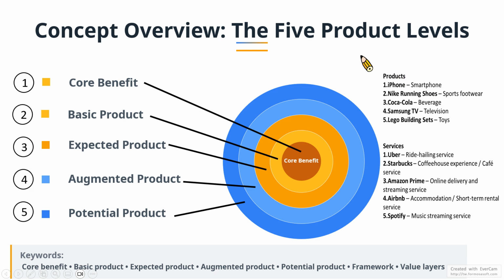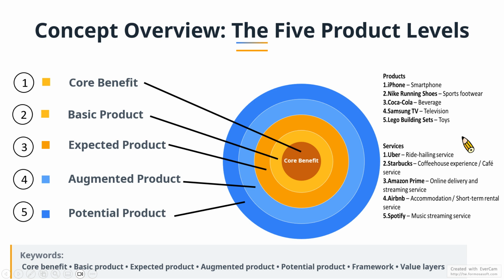So you can imagine that, like the product for iPhone, Nike running shoes, Coca-Cola, Samsung TV, or Lego building sets. This is all about the product of that. You can think about or design the 5 product labels of that. But in other ways, now we have some different service.